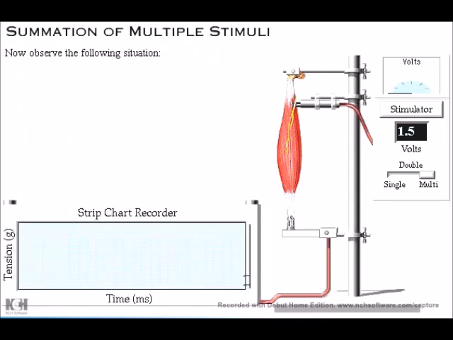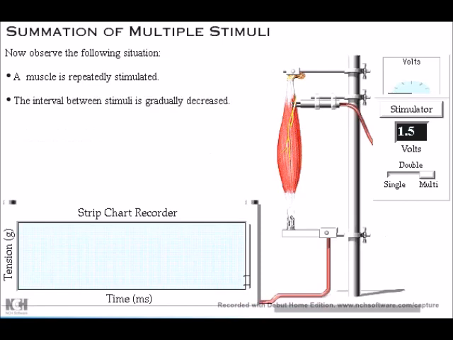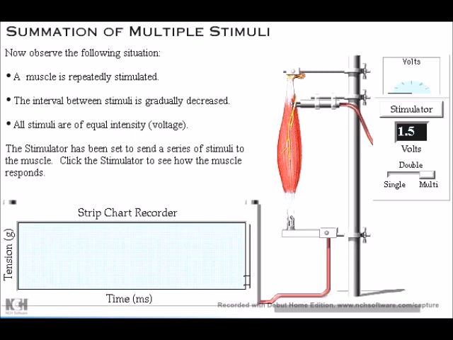Now observe the following situation. A muscle is repeatedly stimulated. The interval between stimuli is gradually decreased. All stimuli are of equal intensity or voltage. The stimulator has been set to send a series of stimuli to the muscle. Click the stimulator to see how the muscle responds.